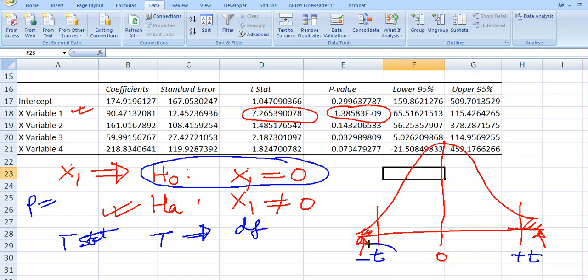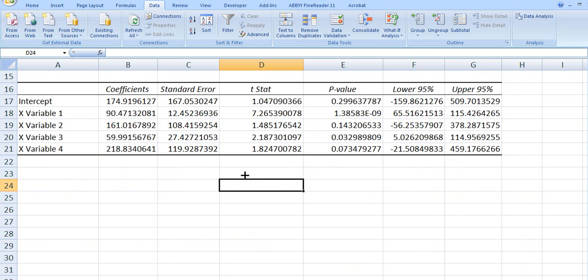Please note that we are trying to find these t critical values over here. If the value of our coefficient is greater than that, we will reject. Prima facie, the p value is very small, so ideally we should reject the null hypothesis. Let us see what our t value will be.